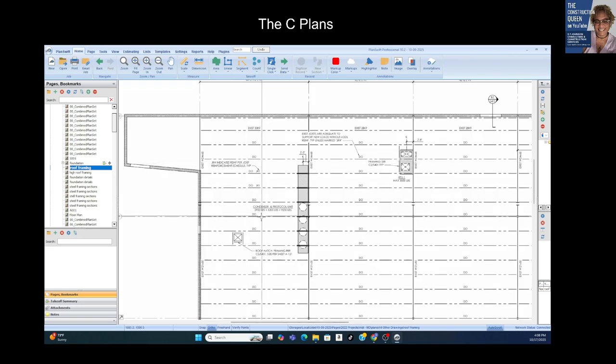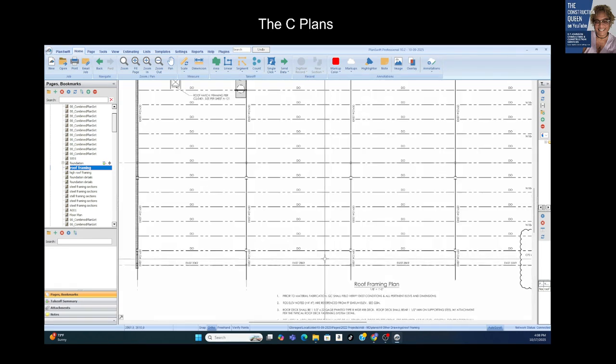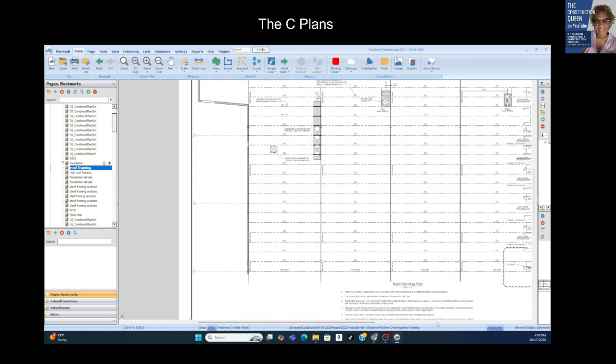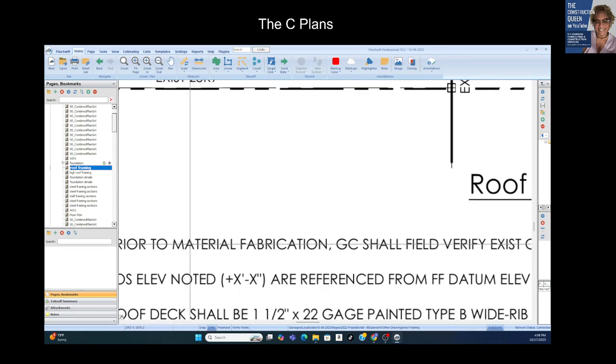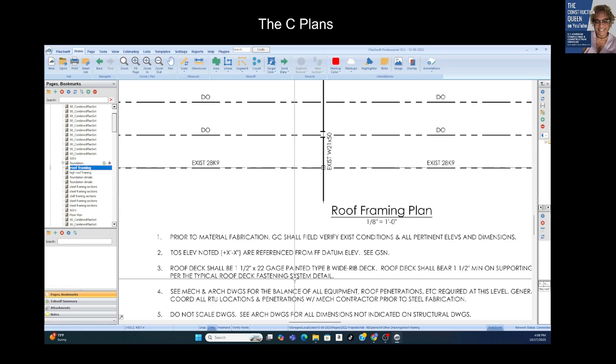or do we? It's not existing, or is it? See, I don't know. For the purpose of this review, they already know prior to fabrication. Verify, because that stuff's not cheap. Roof deck shall be.